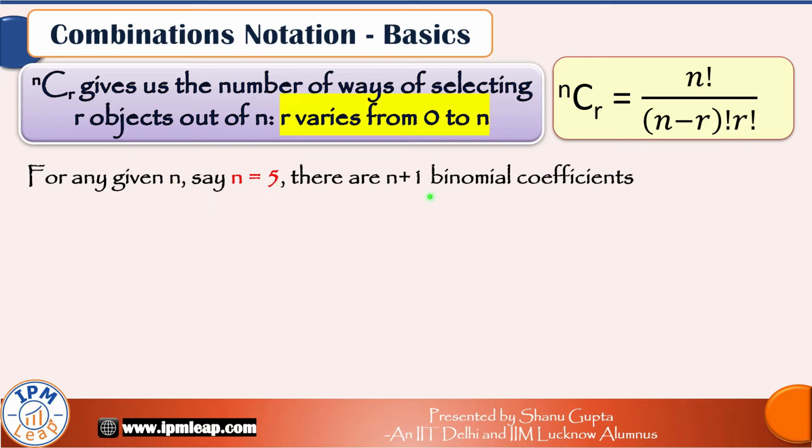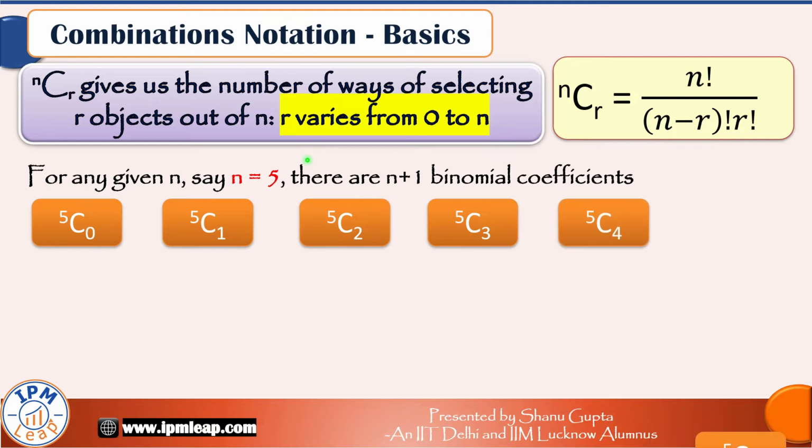For example, if n is equal to 5, which means that we are given 5 objects out of which we need to select 0 or more, then r will range from 0 to 5 because the minimum number of objects we can pick is 0, or else we can pick 1 or 2 or 3 or 4 or maximum 5 objects out of 5. So r will range from 0 to 5 whenever n is equal to 5. Therefore, there will be 6 binomial coefficients for n is equal to 5.